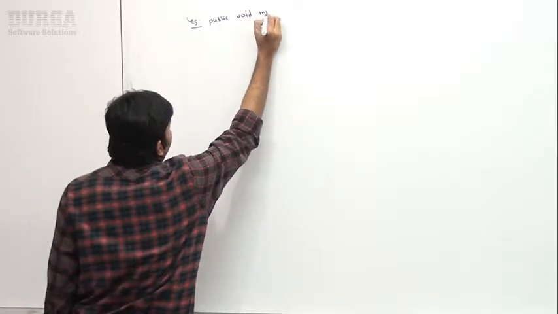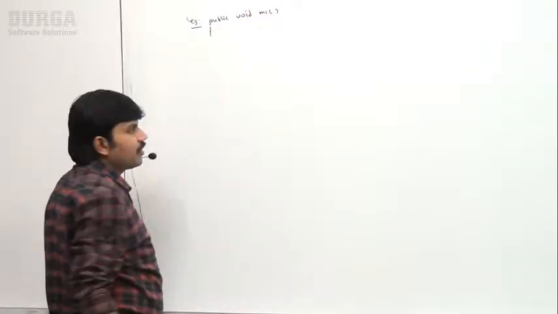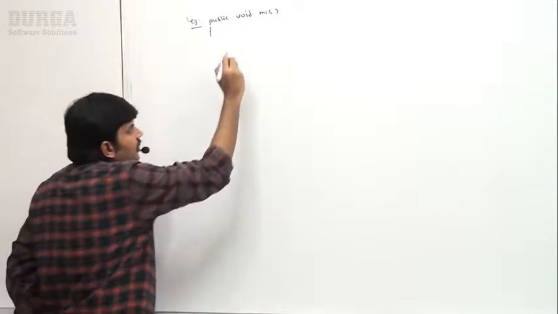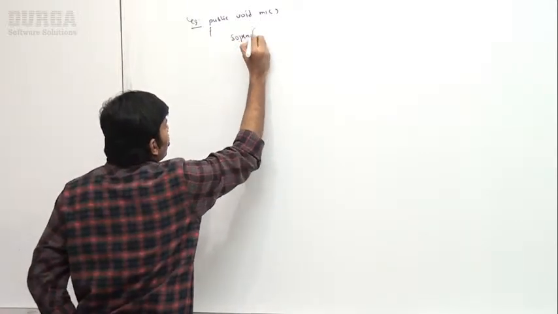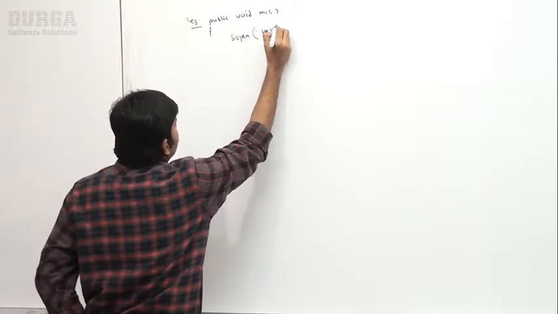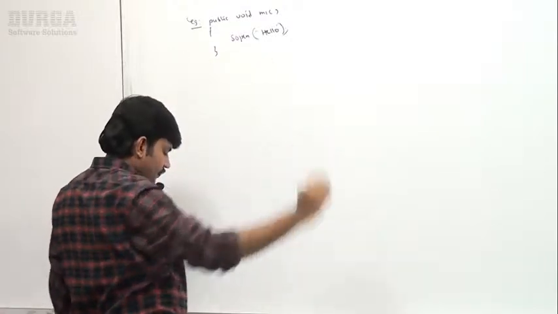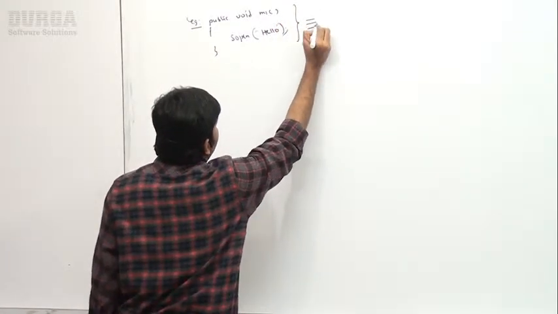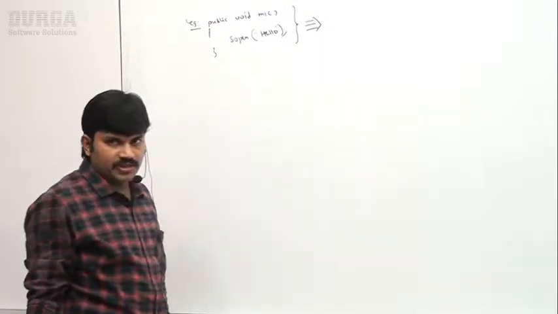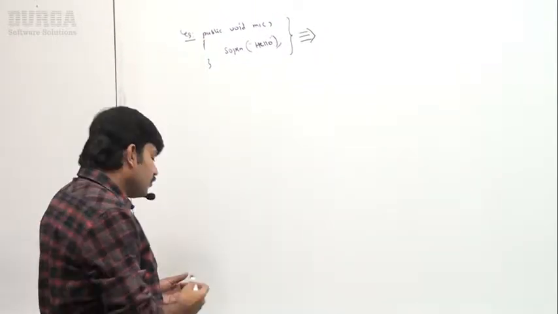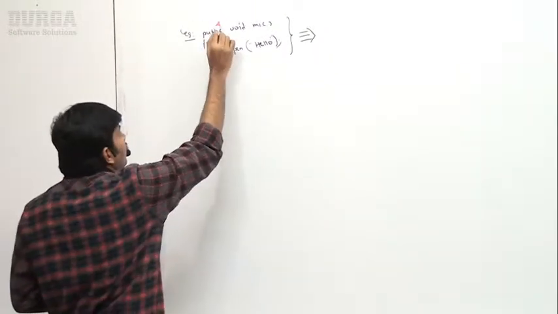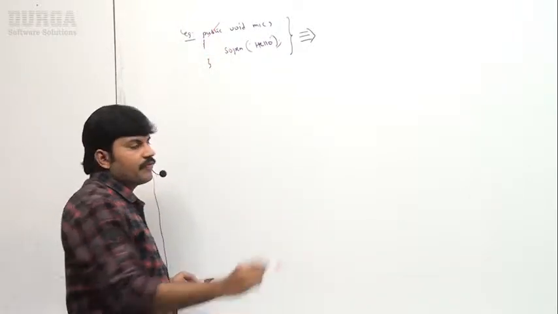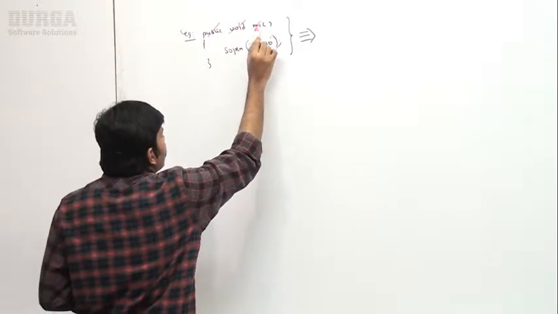How do I write the method, sir? public void m1, and inside it System.out.println("hello"). Can you please tell how to convert this into lambda expression form? You already know: remove the access modifier, return type and method name.